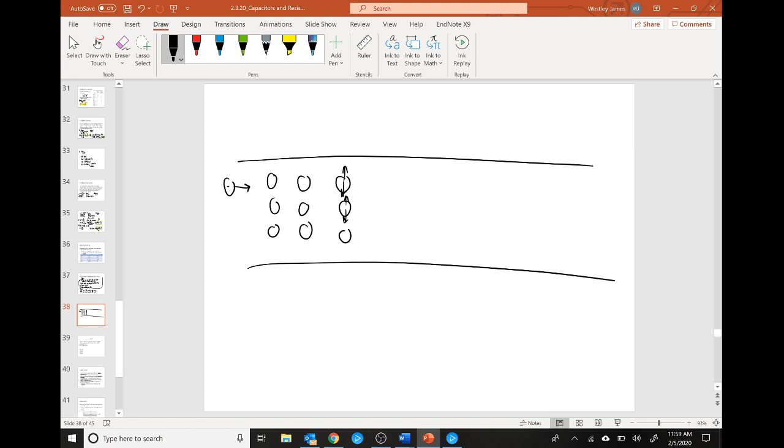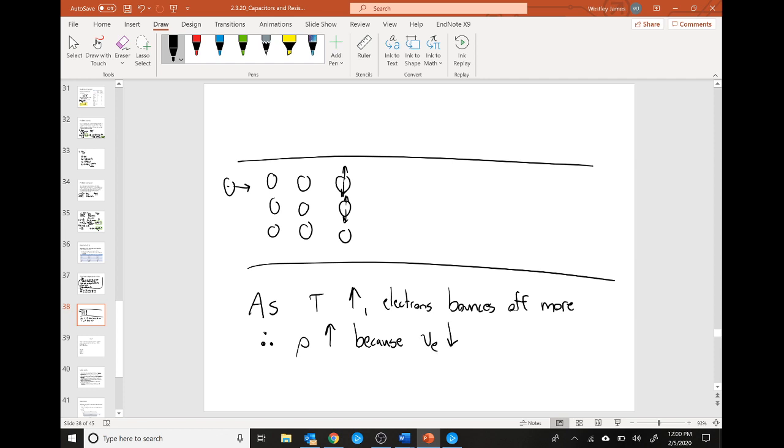So it makes it harder for it to go through because it is bouncing off of more things. So, as T increases, the electron bounces off more. Therefore, rho increases because the velocity of the electron is going to decrease. If it's bouncing off, it's going the wrong way.